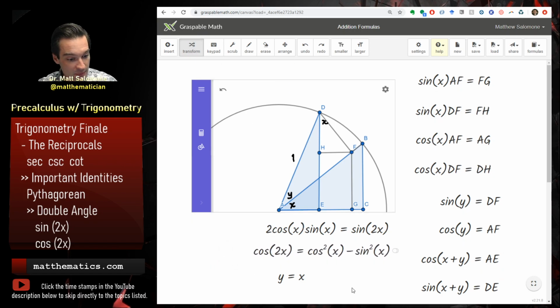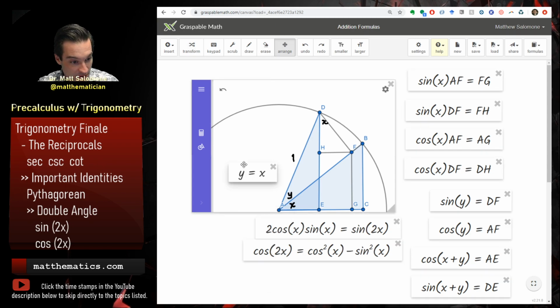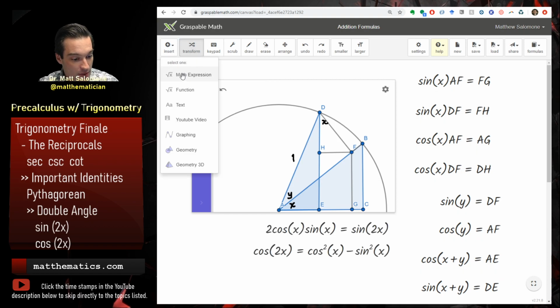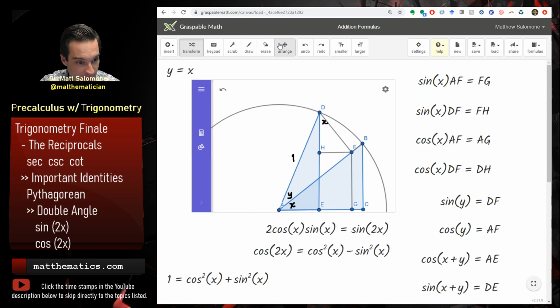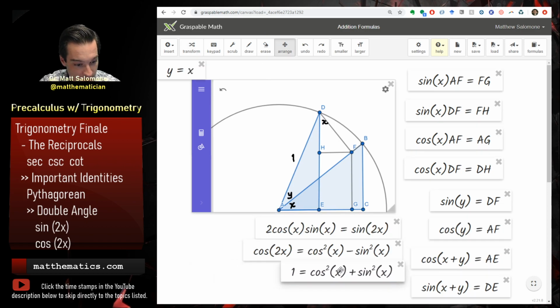Right? And by the way, one of the things that you might notice, and this will be my last comment for the work that we're doing here. This has been kind of a theoretical day, so thank you for hanging through all of this. One of the things that I notice is the similarity between the Pythagorean identity and the double angle formula for cosine.